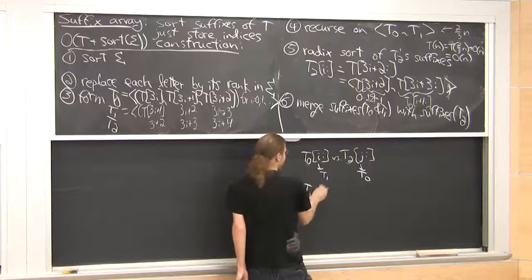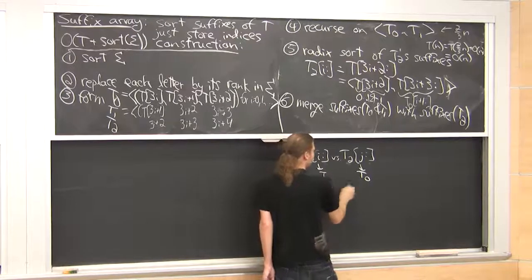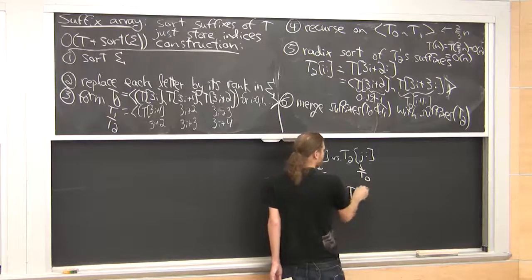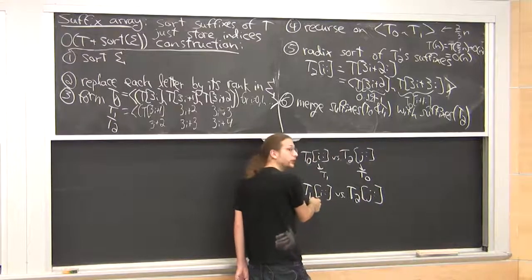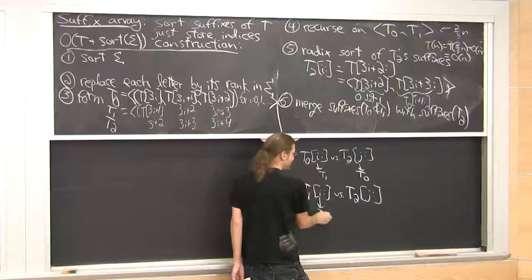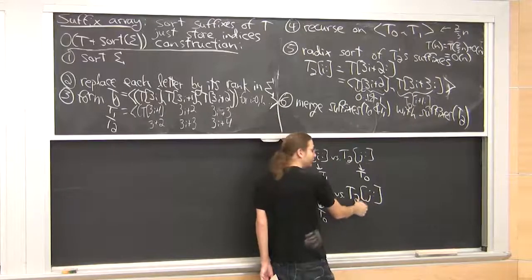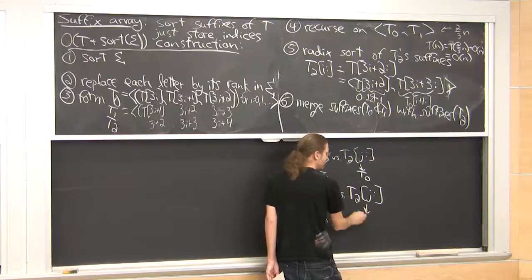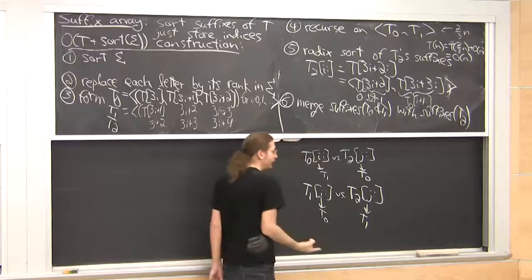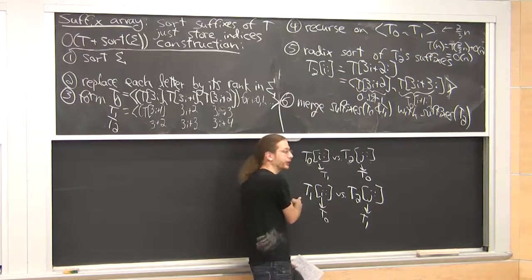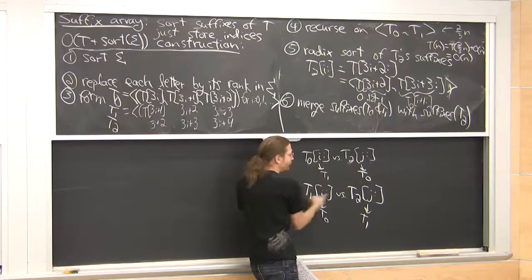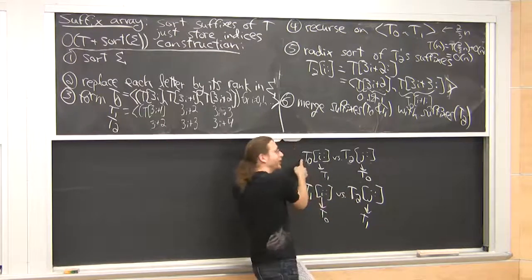If I need to compare a T1 suffix with a T2 suffix, how do I do it? I strip off the first 2 letters of this one, I get a T0 suffix. I strip off the first 2 letters of this one, I get a T1 suffix. I can't strip off 1 letter because this would turn into a T2, and I don't know how to compare a T2 to other things. That's the whole point. Well, I guess it's a T2 versus a T0 if I did that, which is this case.